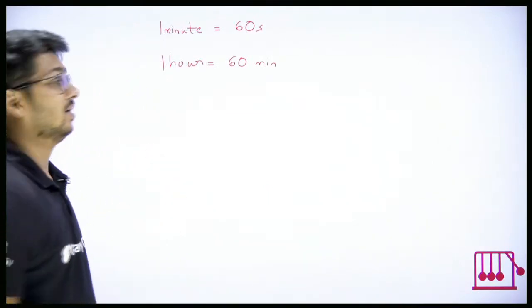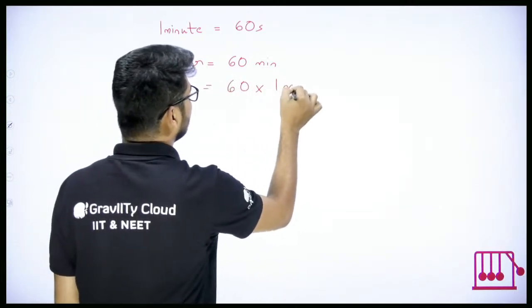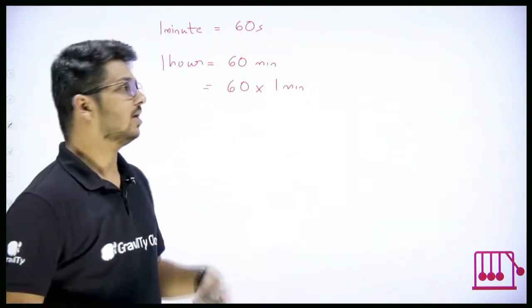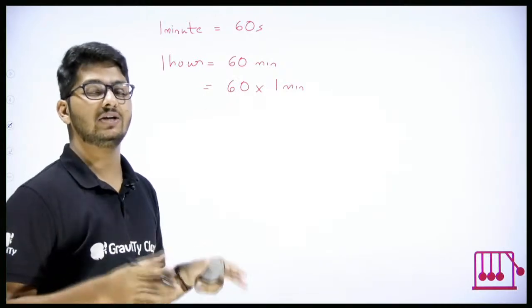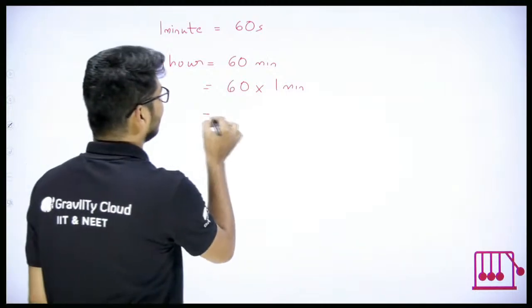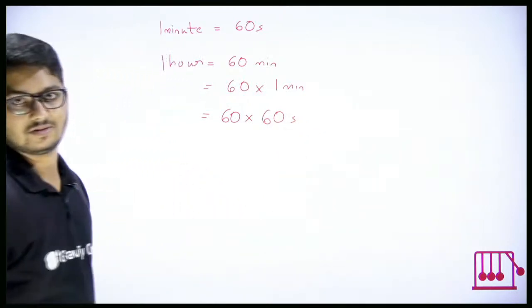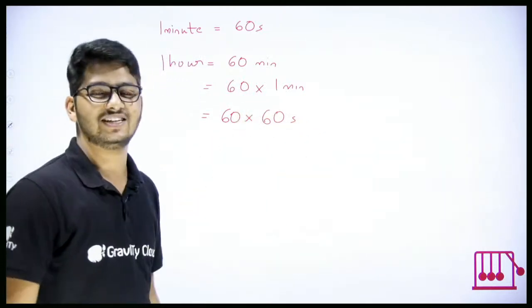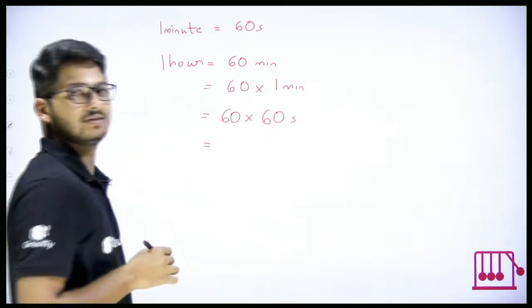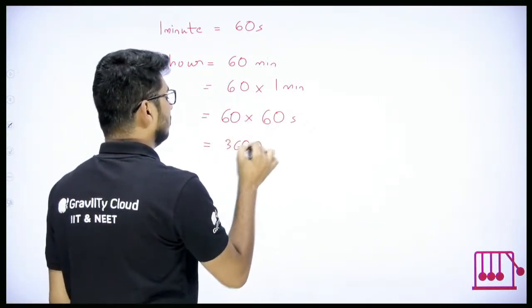So 60 minutes. Now, can I write this as 60 into 1 minute? 60 into 1 is equal to 60. So 60 minutes can be written as 60 into 1 minute. And how much is 1 minute equal to? 60 seconds. So 60 into 60 seconds. 60 into 60 is how much? 6 into 6 is 36, and you have 2 zeros.